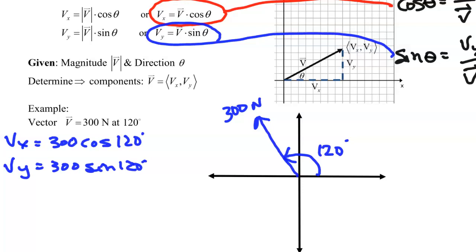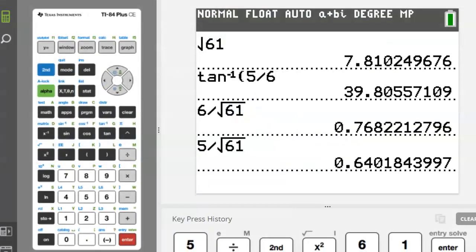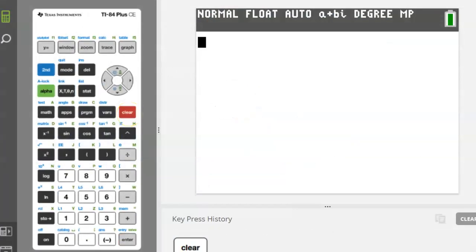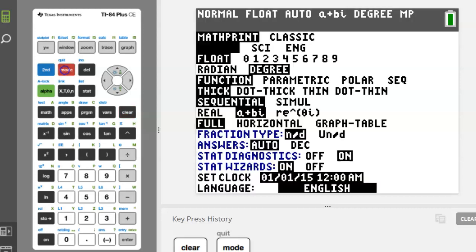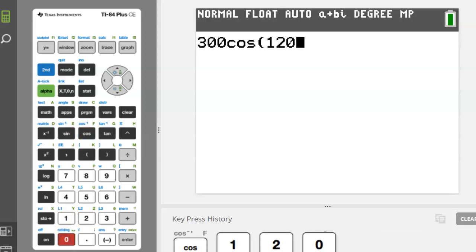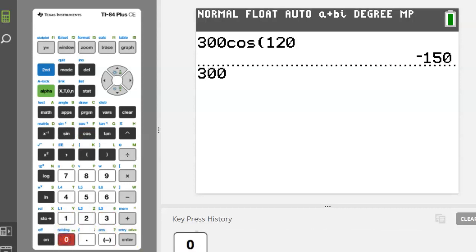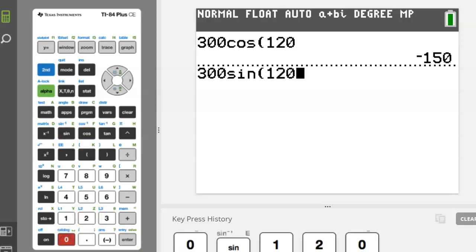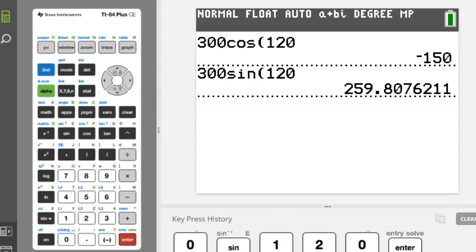And I'm going to put them in the calculator. Make sure you're in degree mode. 300 cosine of 120. 300 sine of 120. And those are my x and y components.